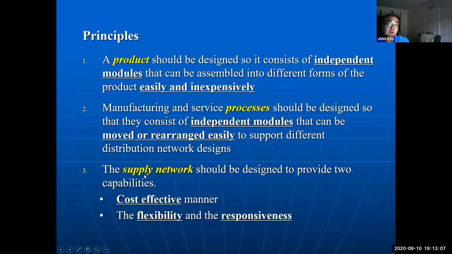If it is supply network, then using modules in the supply chain network, the module is outsourcing companies. So select outsourcing companies carefully and then combine, then they can make a complete supply chain. Then they can make it faster, cheaper, better. So that is one of the supply chain strategy tools and so on.